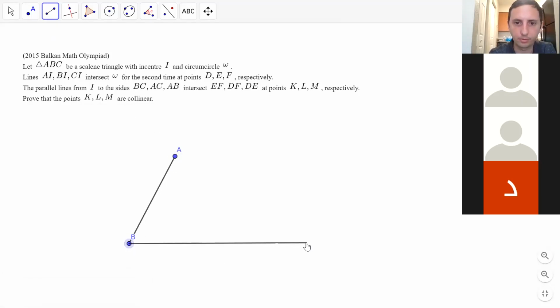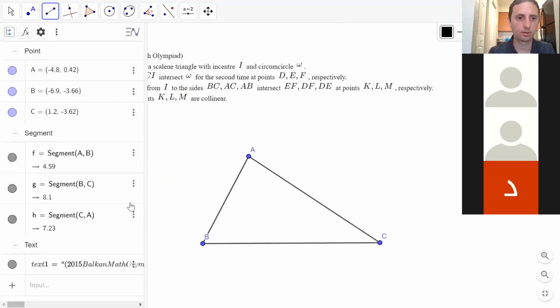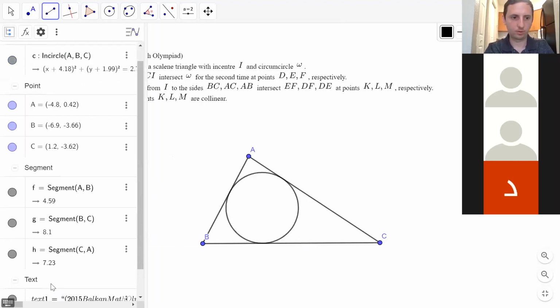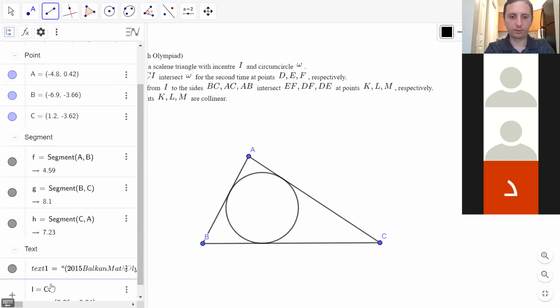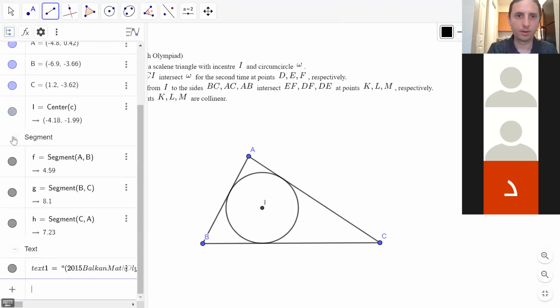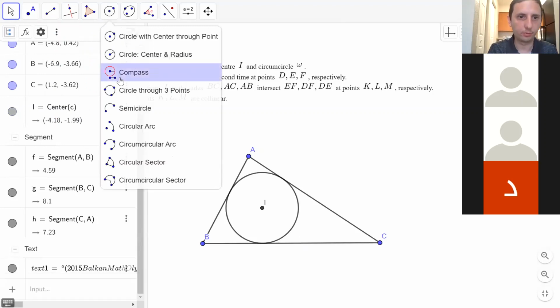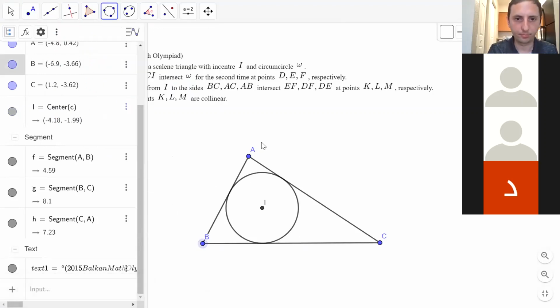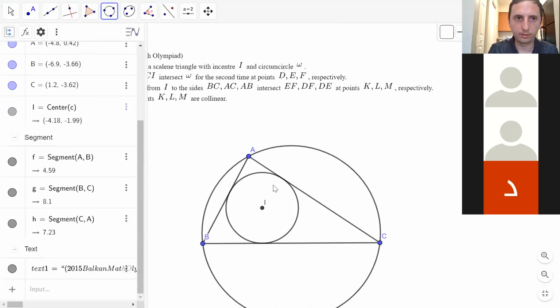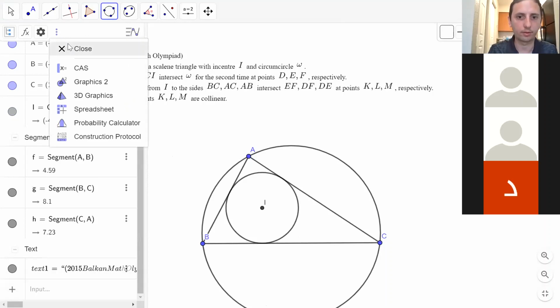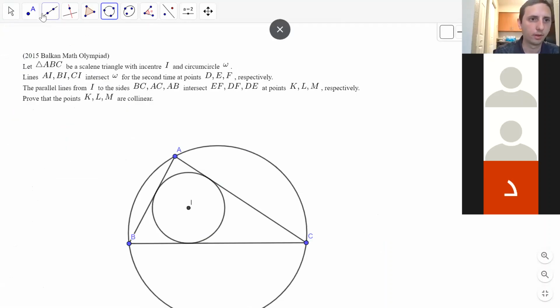So we have a triangle ABC, and we draw the incircle. And then I is the center. And basically, then we draw the circumcircle. And D, E, and F are the midpoints of arcs AB, BC, and CA. Right?